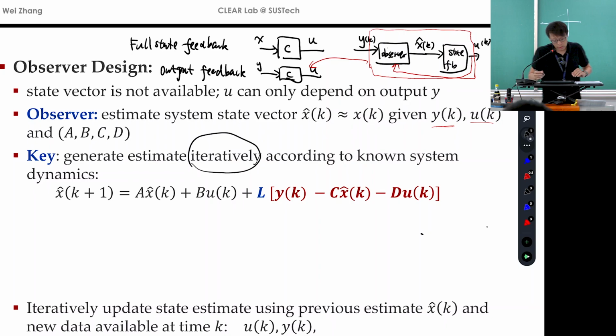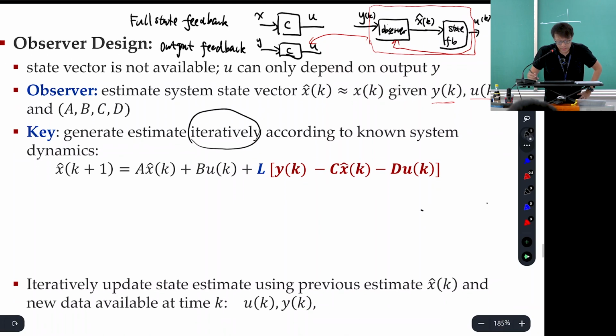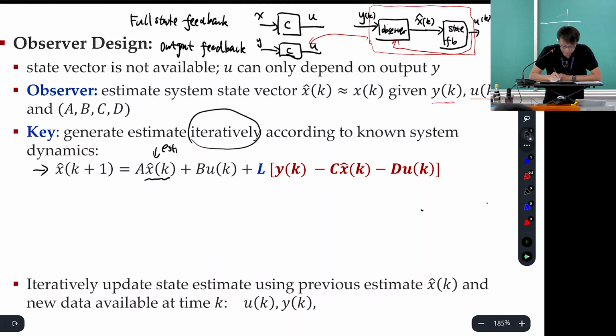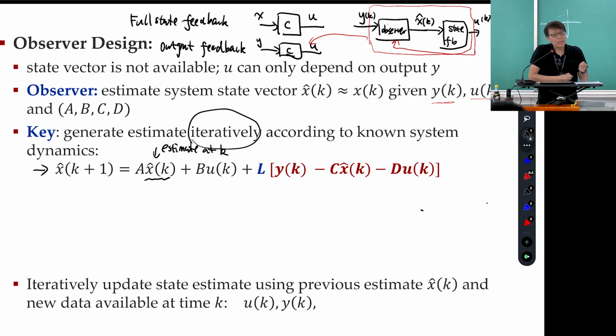Let's look at this structure. This is nothing but the Luenberger observer, as simple as this. One line of code, if you like. Can you tell me what's going on? This is not the true state, it's your estimate at time k, x_k hat. I don't know whether it's right or wrong. It may be different from x_k.